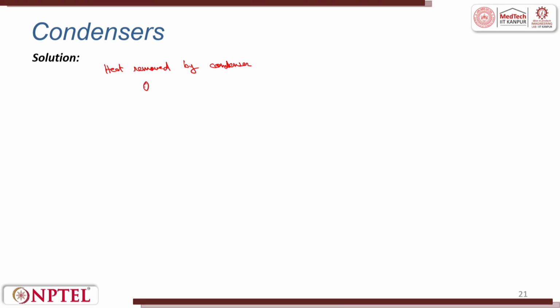That is Q steam is equal to m dot steam times the change in enthalpy. This is equal to 2 into (2200 minus 200).